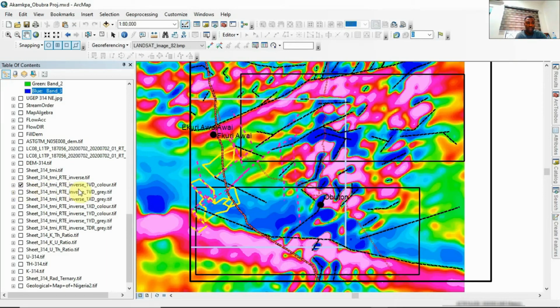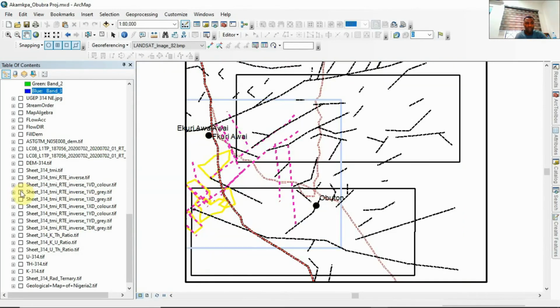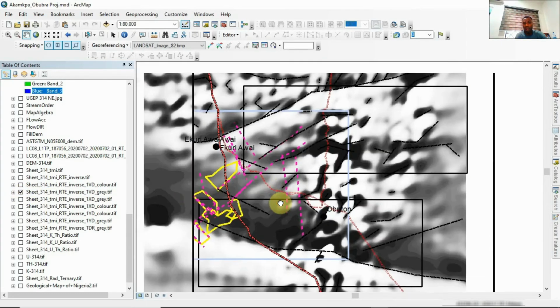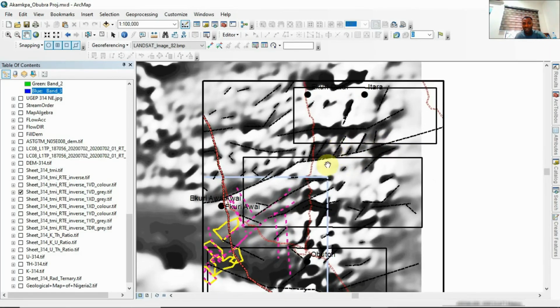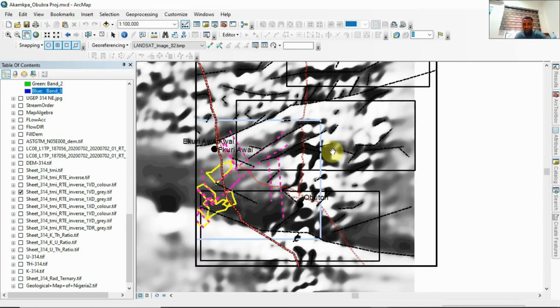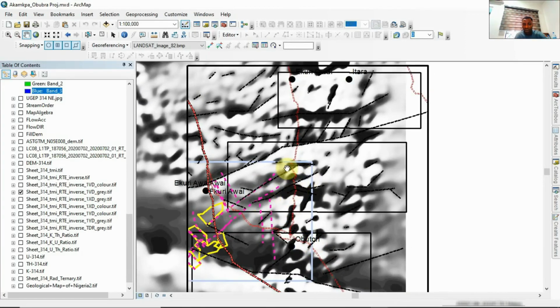So this is an inverse first vertical derivative of this shade. Let's bring in the gray color. The gray color also has some distinct expression which matches the initial interpretation. You can see the lines are very clear here, the observations are very clear here, there are other observations that are very clear here, and also look at this, the observations are very clear.